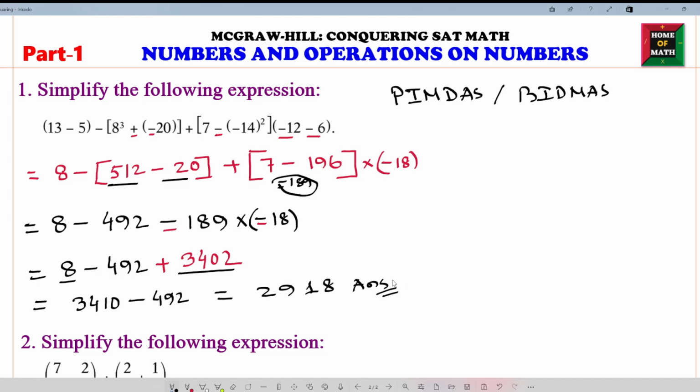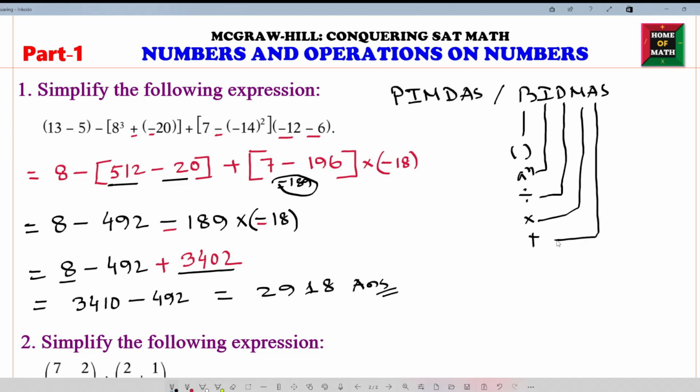This is a very simple thing, but we have to do first brackets, then indices, then division, then multiplication, then addition, then subtraction, which means minus.